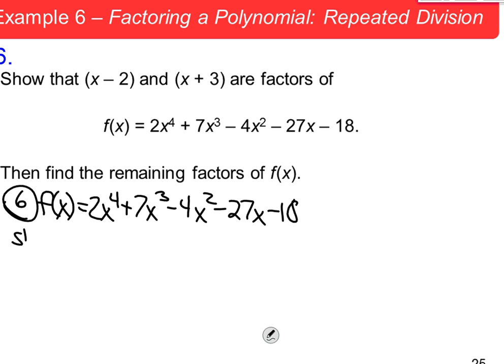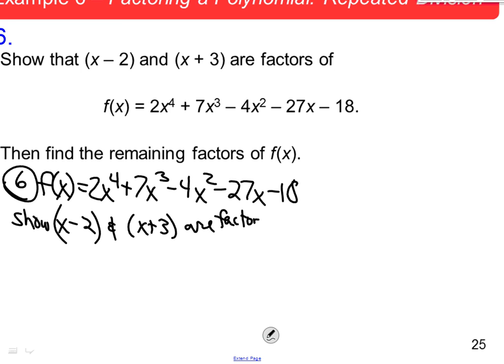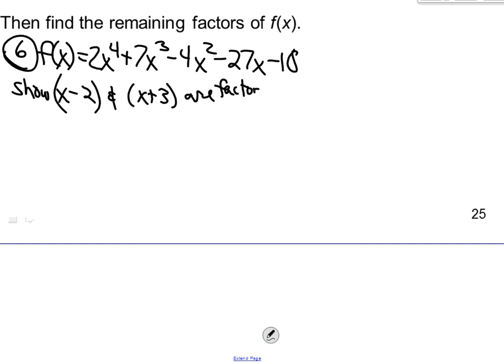And we're going to show that x minus 2 and x plus 3 are factors. And I rewrote this one because I feel like that took up a lot of space, and that was difficult for me to look at. And then I also have to find the remaining factors, so the factors that are left.